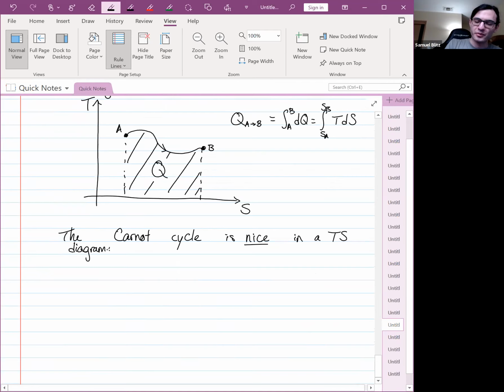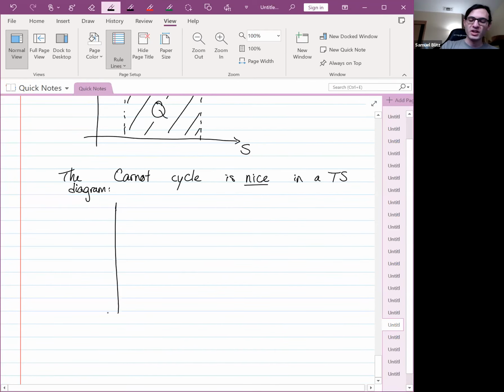Now let's think about what the Carnot cycle is. The Carnot cycle is a cycle where you have isothermal expansion, isothermal contraction, adiabatic expansion, and adiabatic contraction. So let's say you start at the top left, and then you isothermally add heat. Well, this is a TS diagram. So isothermal means that heat's coming in, and the temperature is staying constant.